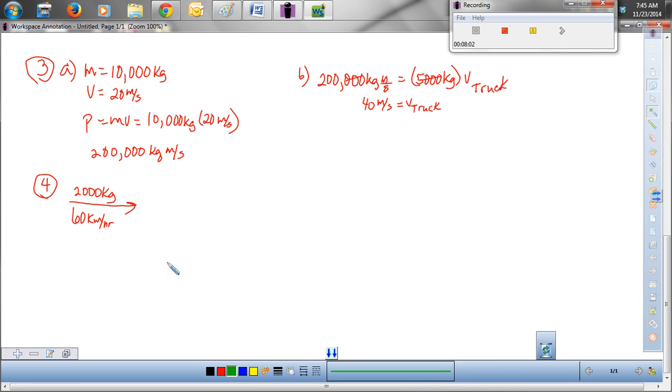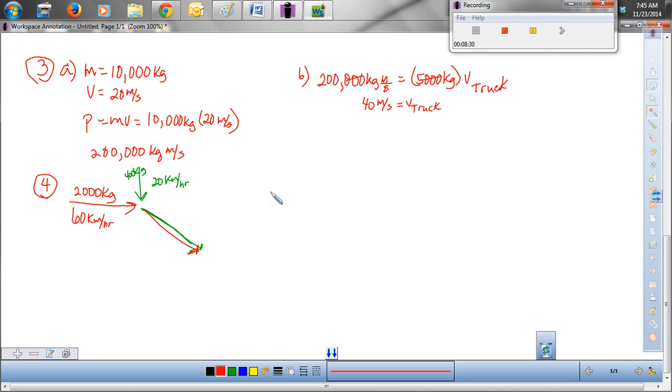The other truck is going to the south at 20 kilometers an hour. And it has a mass of 400. So I'm going to have a collision and they're going to stick together. So we got to figure that out.